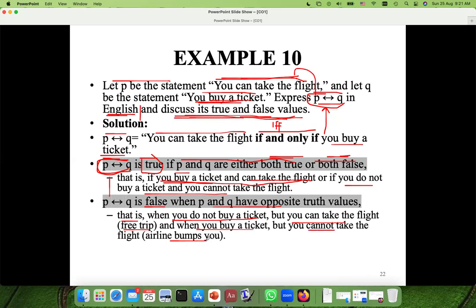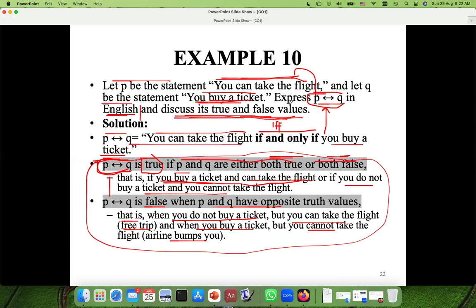So this second portion is the discussion of true and false values in the form of sentences, nothing else. And this is the answer for the first part of this one, expressing P double implication Q in English.